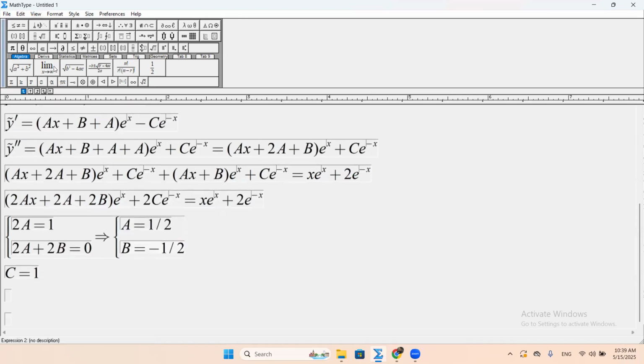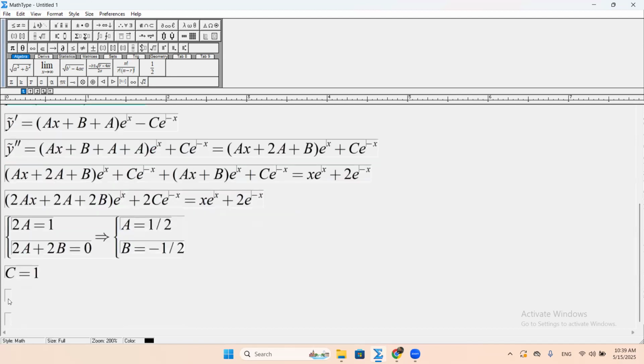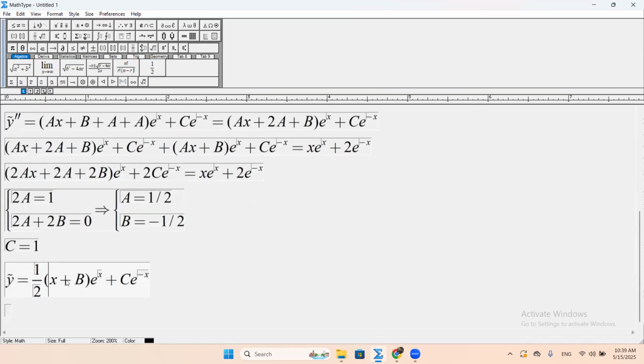So the partial solution will be the following. Let us even write down 1 over 2 here: x minus 1, and here will be 1.